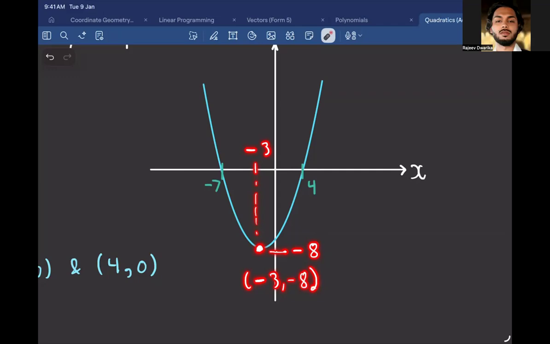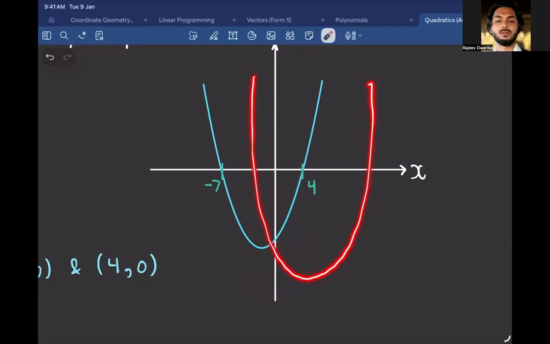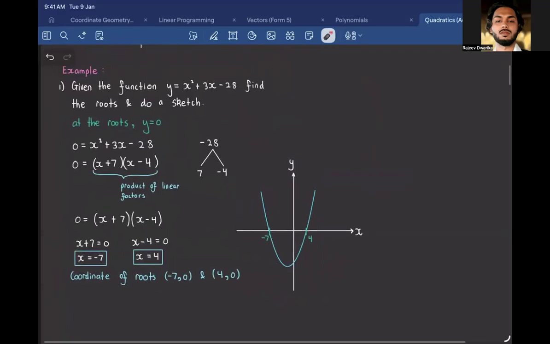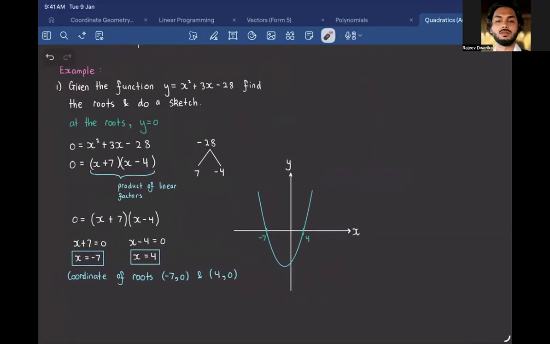You always draw it proportionate to what we have. You wouldn't draw the graph and say this is -7 and this is 4 with the wrong spacing, that doesn't make sense. It's the same logic you apply when doing turning points. If they just ask you for the roots in your sketch, you don't really have to bother how far it goes down. You can do anything you want.